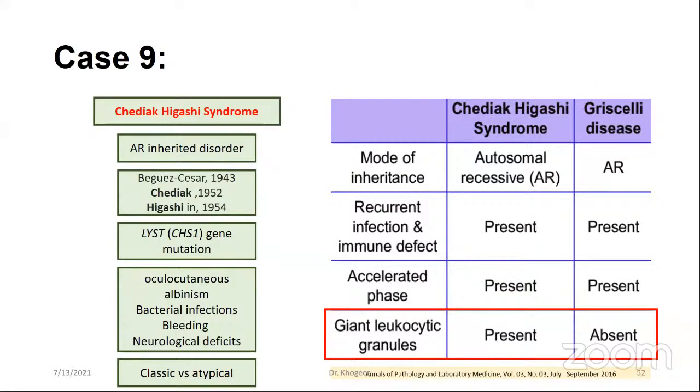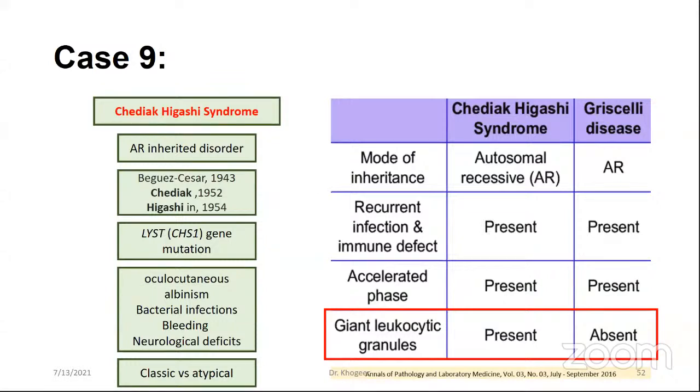Griscelli syndrome, also known as Chediak-Higashi-like syndrome, is a rare inherited disorder that is characterized by partial albinism and abnormalities of the platelets and white blood cells.